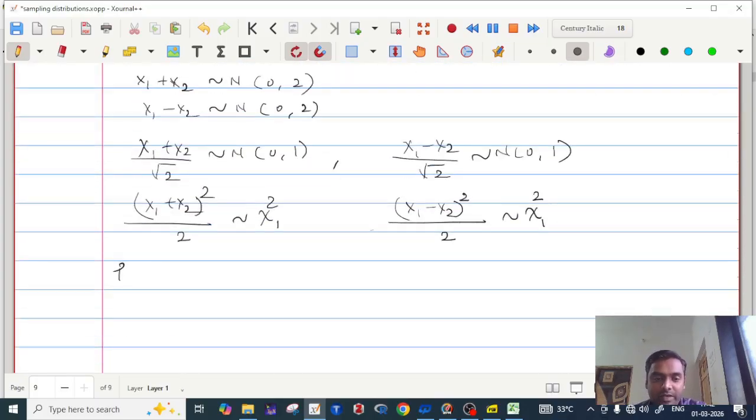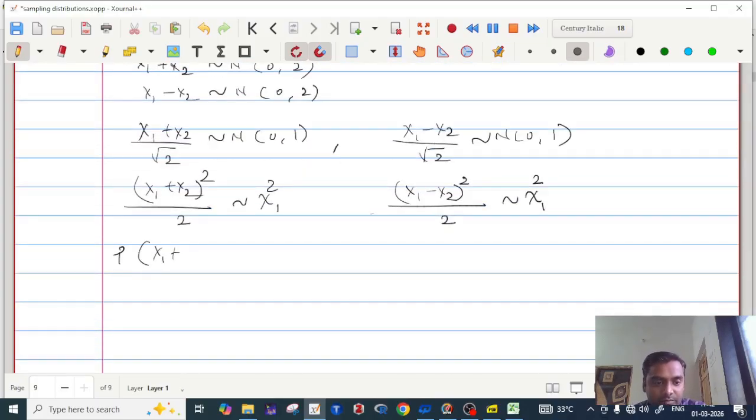Probability of x1 plus x2 bracket square less than or equal to 0.296, comma x1 minus x2 bracket square greater than or equals to 5.412. This is equals to probability of, this is chi-square 1.